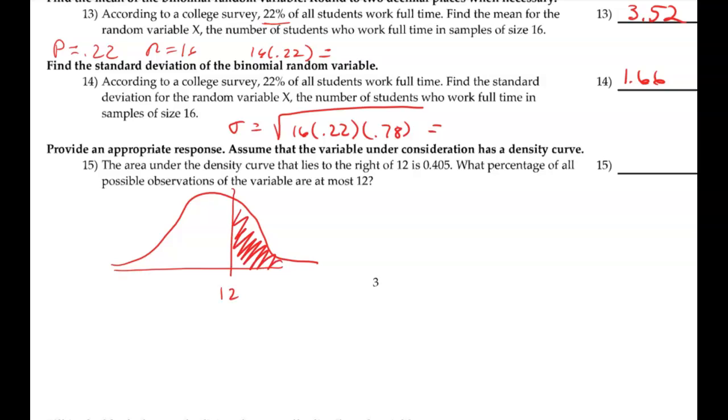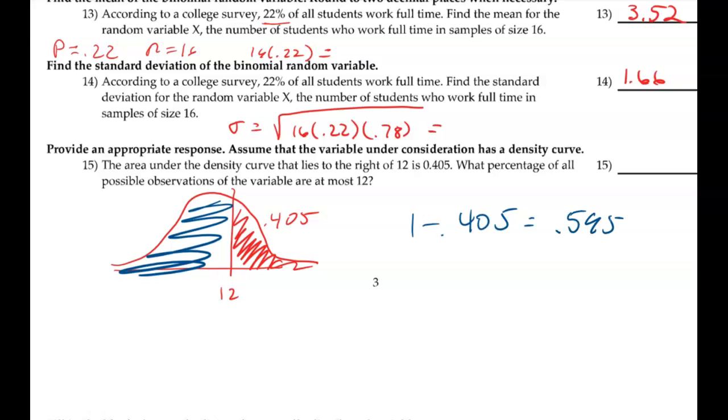Keeping in mind the whole thing, half is 0.5, so it's less than half, 0.405. What percent of all possible observations of the variable are at most 12? Well, all they want is everything over here, and you understand that the entire curve is 1, so you subtract 0.405 from 1, you get 0.595. They asked for a percent, so 59.5%.